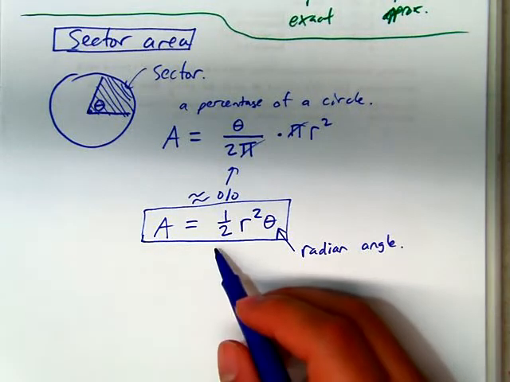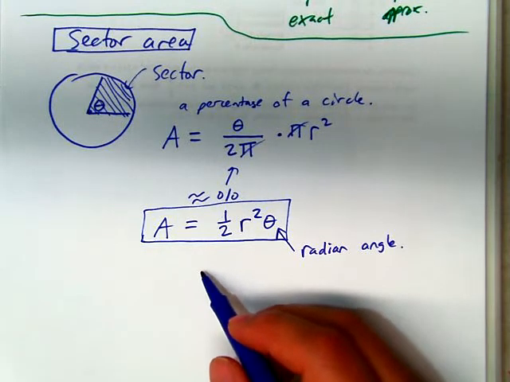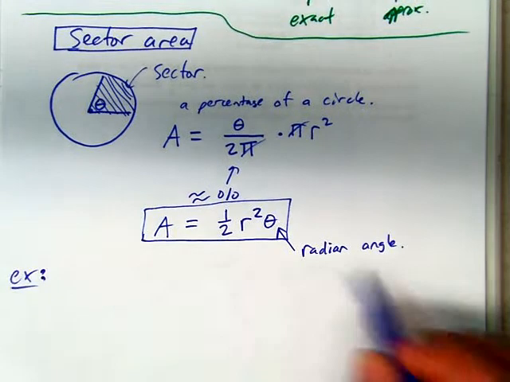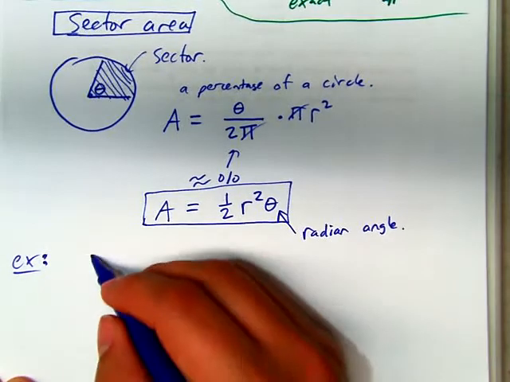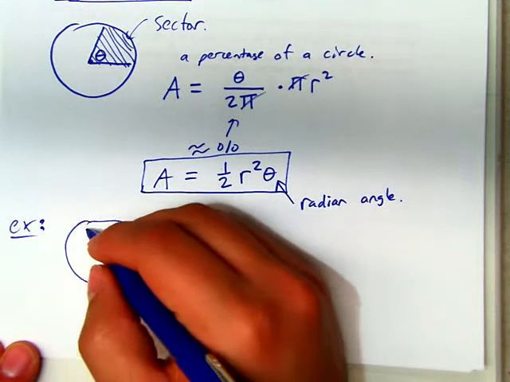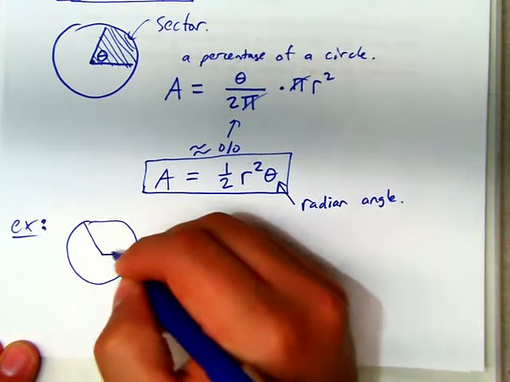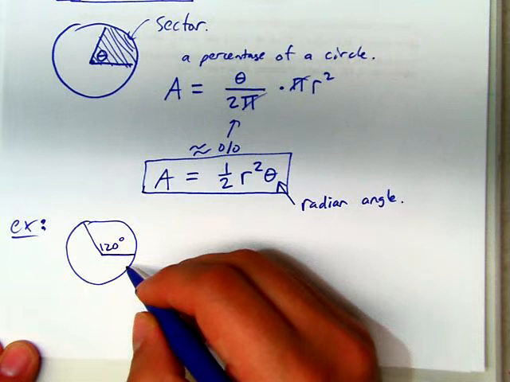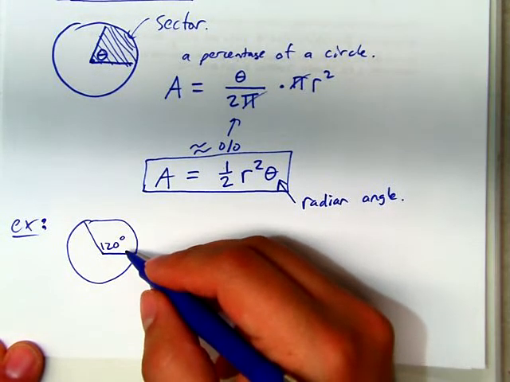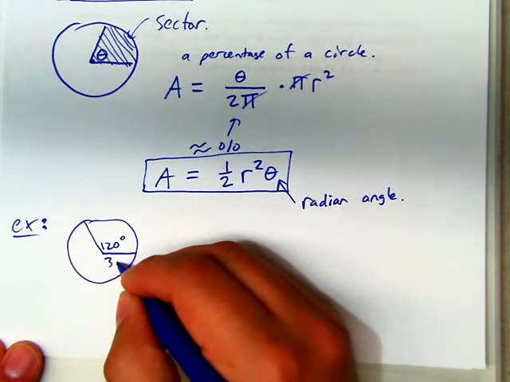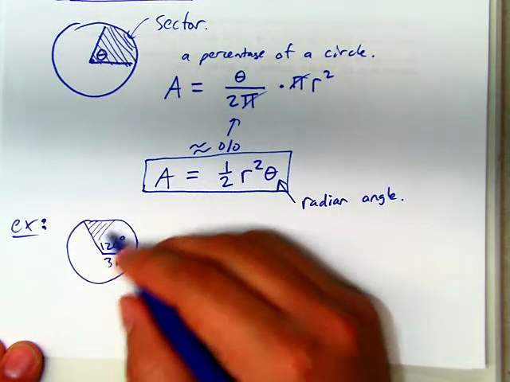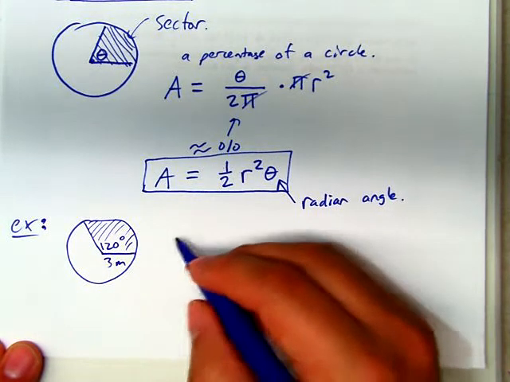Okay, so this formula is a nice little shortcut to find sector area if it's in radians. So for example, let's say we have a circle, and let's say that this is 120 degrees, that's for the central angle, and let's say this radius is 3 meters, and we want to find the sector area.